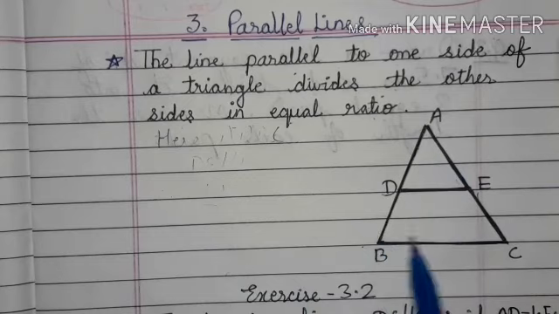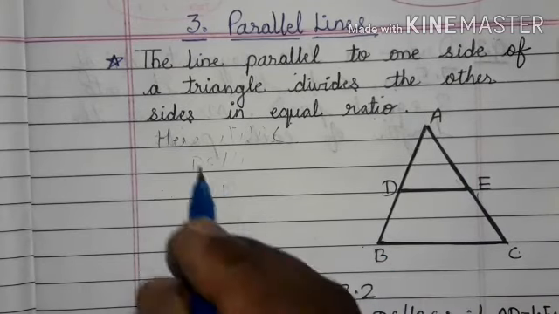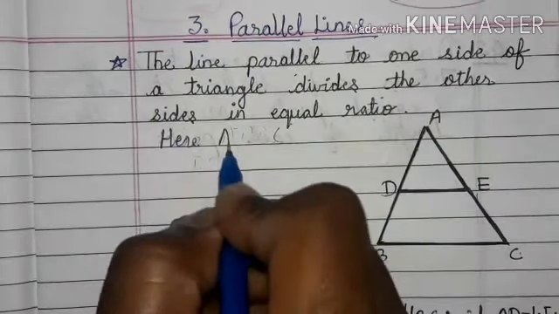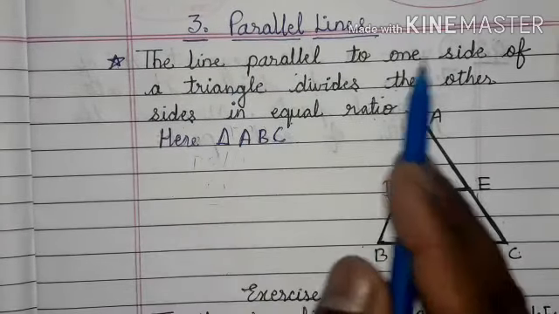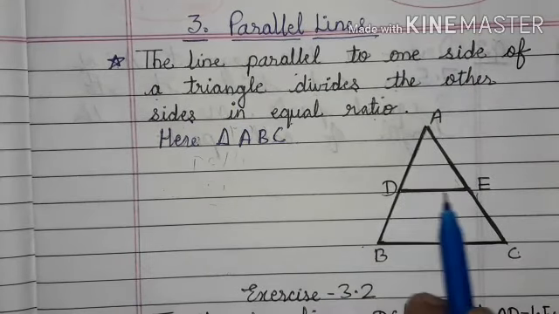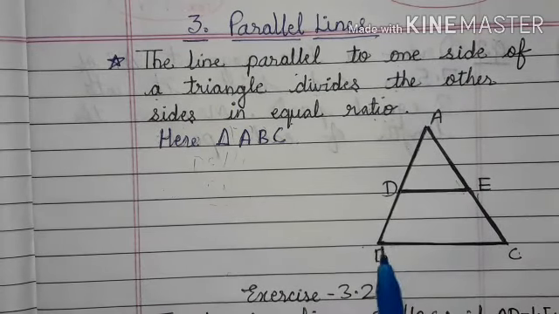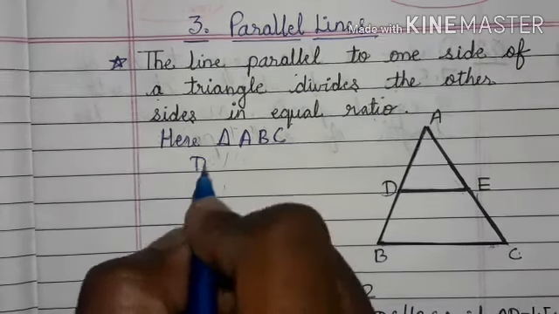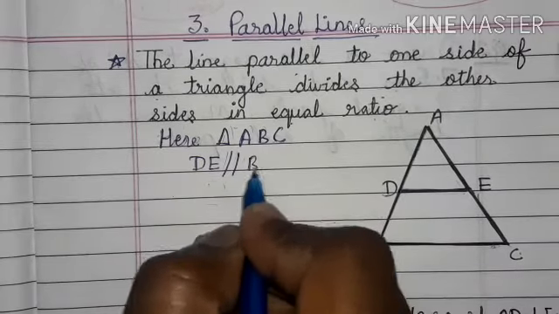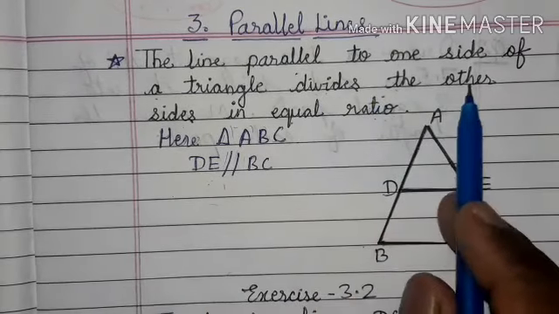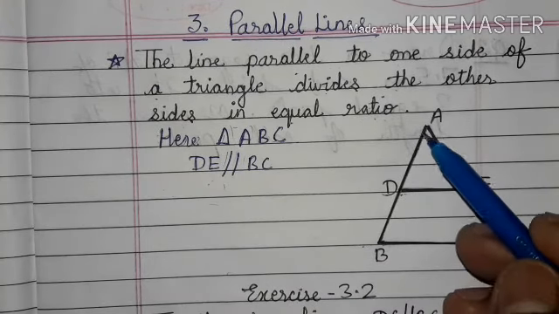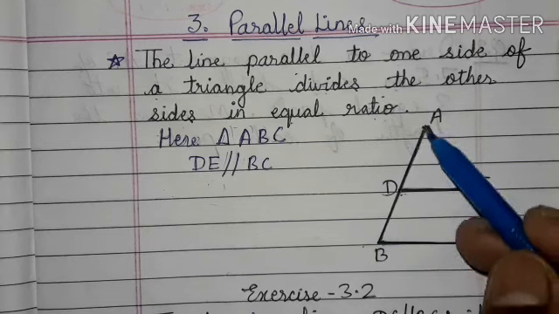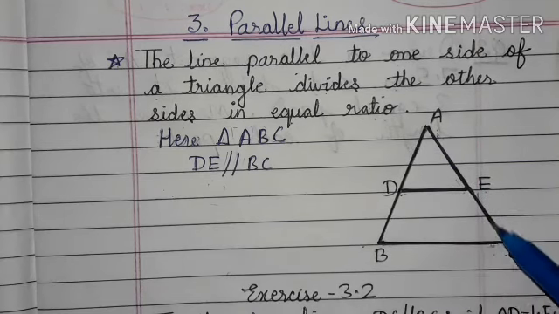Means there is one triangle ABC. The line parallel to one side of a triangle: DE is a line which is parallel to BC. It divides the other two sides, AB and AC, in equal ratio.